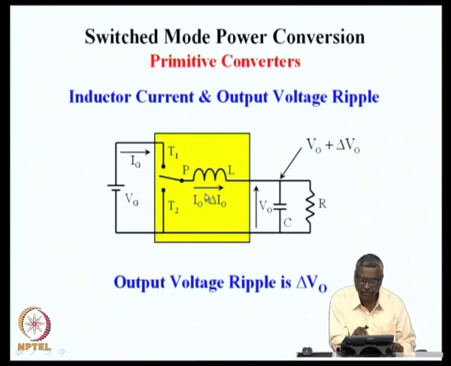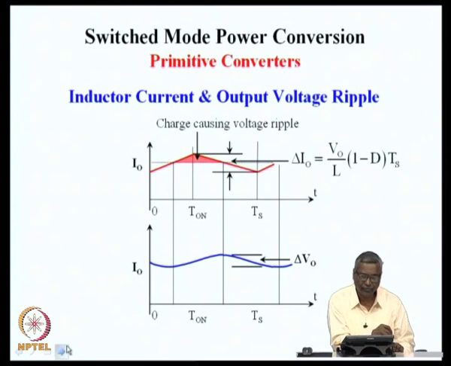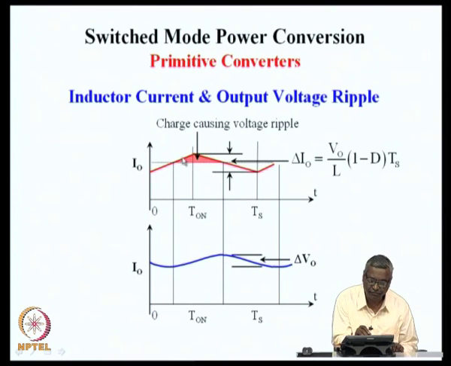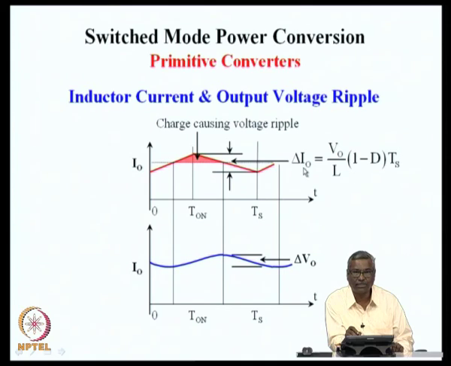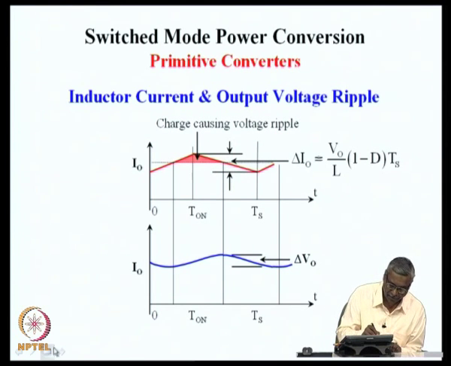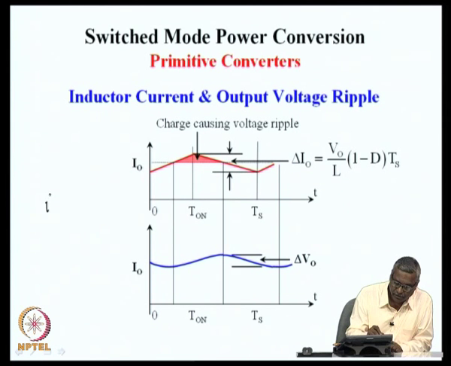So, we may safely assume that the DC current will flow through R and the AC current or the high frequency variation current will go through the capacitance, and so any change in the capacitance voltage will be because of the current ripple that is passing through the capacitor. We know that in a capacitor, the current is C times dV by dt.